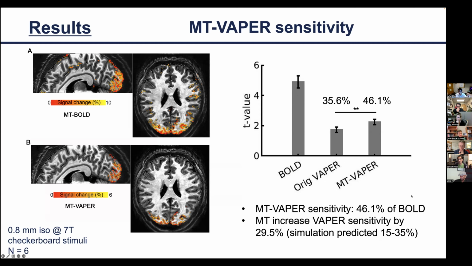This is very close to half of the BOLD sensitivity. And at the same time, if you compare MT BOLD with the original BOLD, MT could improve the sensitivity by around 30%, which also matches our simulation. So MT here could significantly improve the VAPER sensitivity by around 30%.